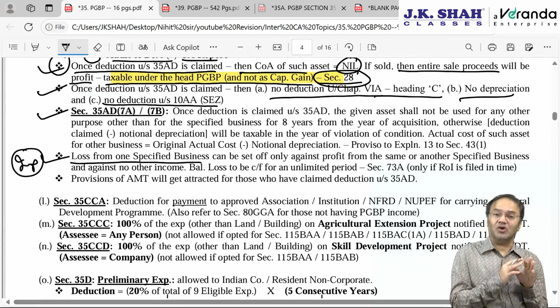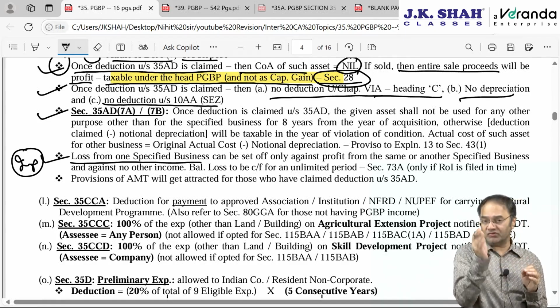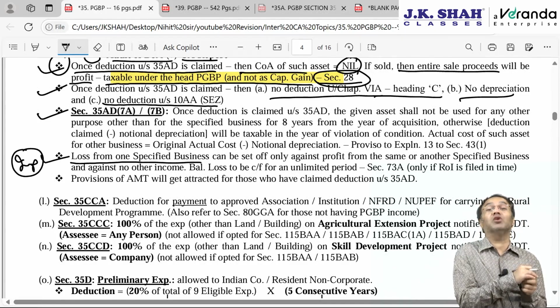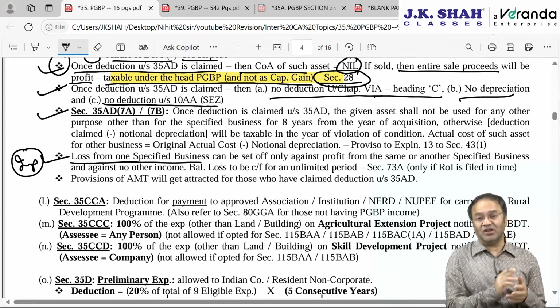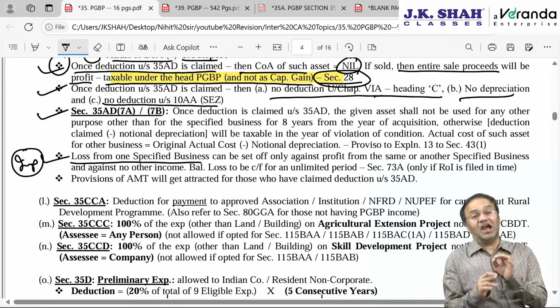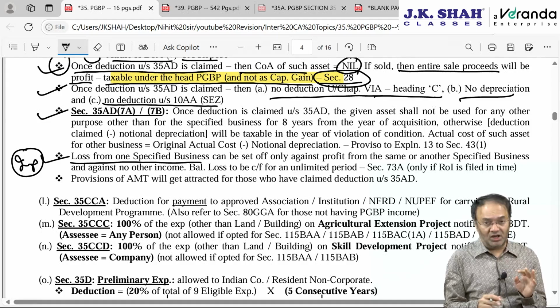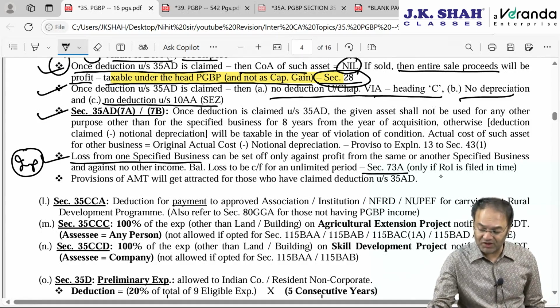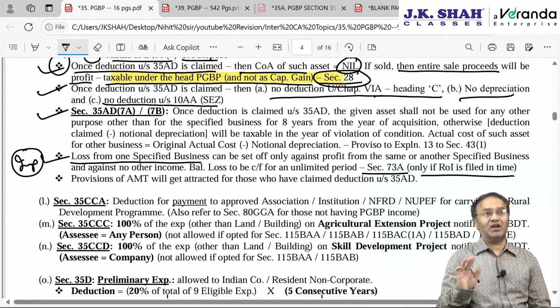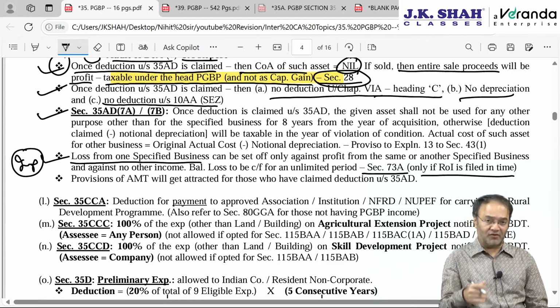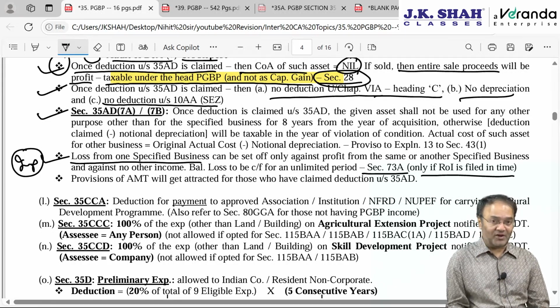Just like speculative loss, loss from one specified business can be set off only against profit from another specified business, otherwise carried forward. Here, the carry forward period is unlimited. It can be carried forward as per section 73A by filing the IT return, for an unlimited period, provided the IT return is filed. If the IT return is not filed, you can't carry forward. It will lapse.